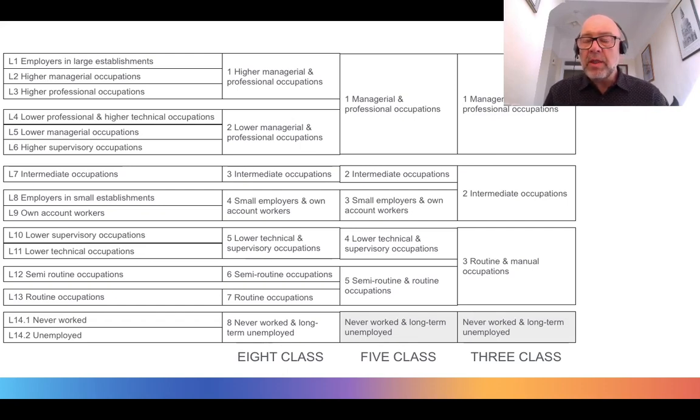There is some argument that the 3 class version could be considered ordinal, but there's a debate on both sides of that. So what I've covered here is how we get from the conceptual basis of the NSSEC in regard of employment relations, through to the operational categories, and then through to the different analytic class versions of it.